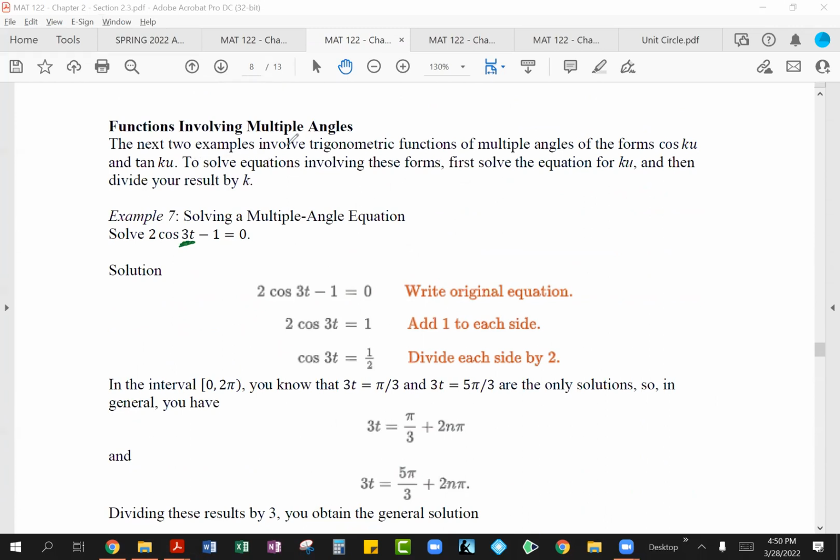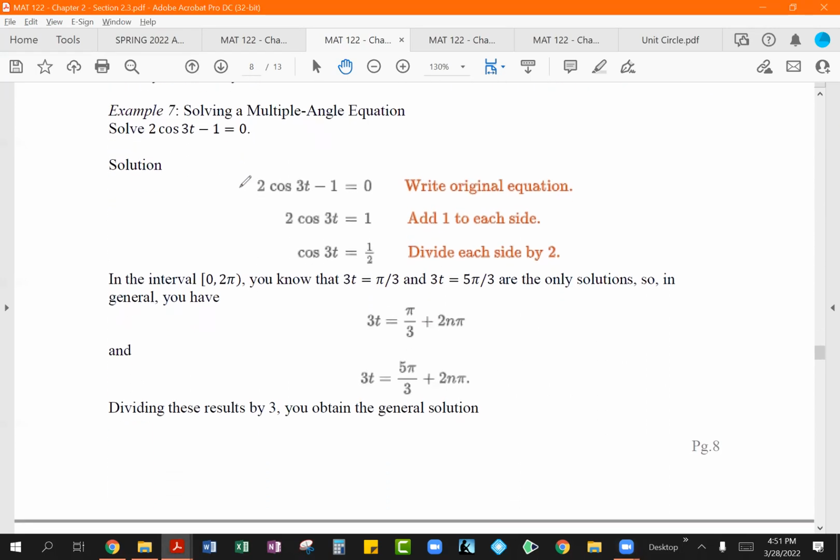So we're saying trigonometric functions that have multiple angles, which will be of this form, cosine of ku or tangent of ku, where k is going to be your coefficient, some kind of number. To solve equations of these forms, you first solve the equation for ku and then you divide your result by k. So that's how to solve these multiple angle functions.